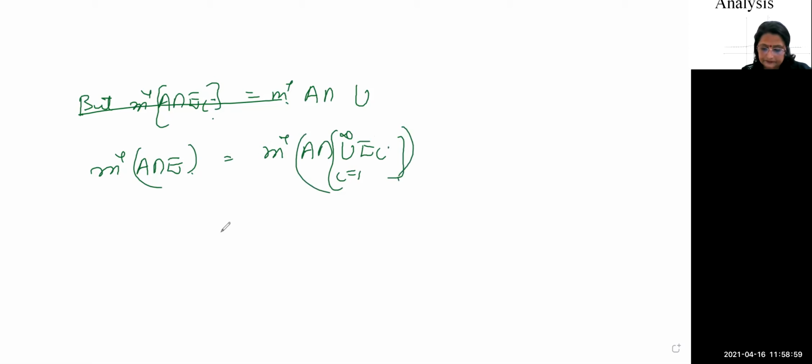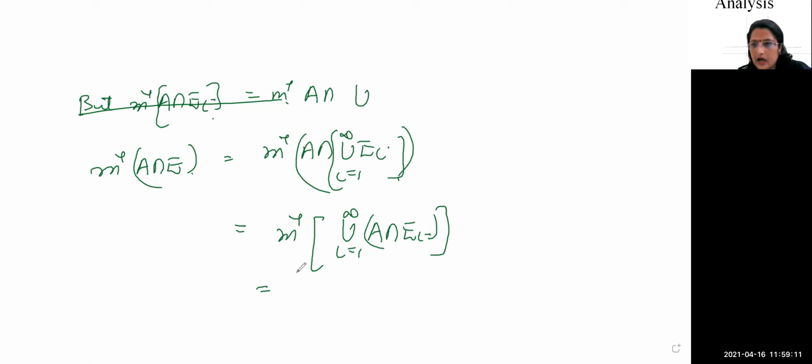ठीक है जी. And this comes out to be m star union i running from 1 to infinity A intersection Ei. ठीक है जी. And we know that outer measure is countably subadditive. So here you will have less than or equal to, union converted into summation, this is m star A intersection Ei.